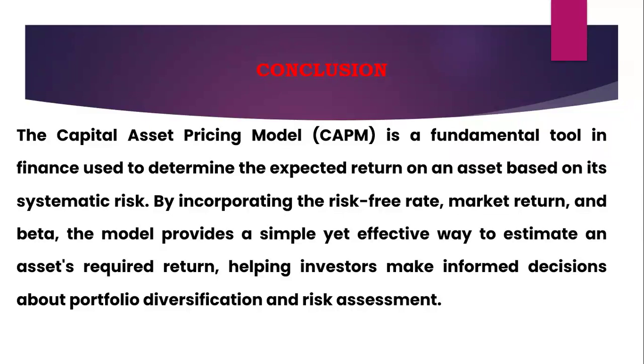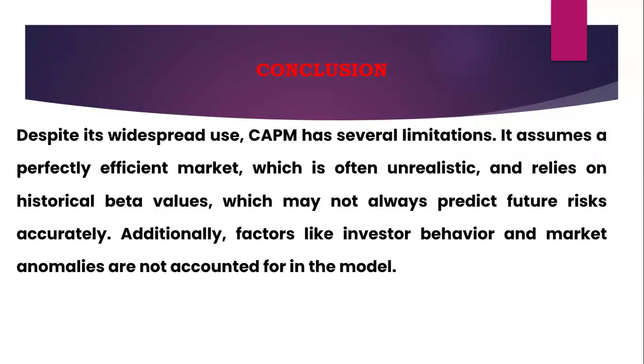We can't diversify it across other companies or other company securities. By incorporating the risk-free rate of return, market return, and beta, the model provides a simple and effective way to estimate an asset's required return, helping investors make decisions about portfolio diversification and risk assessment.